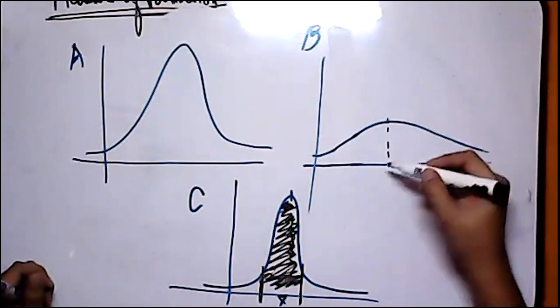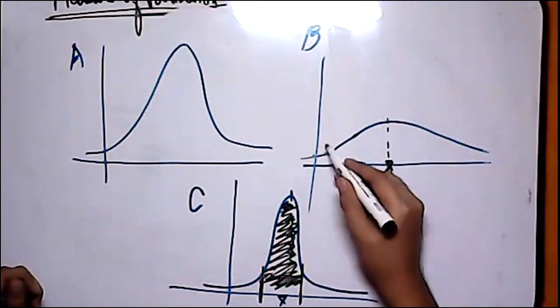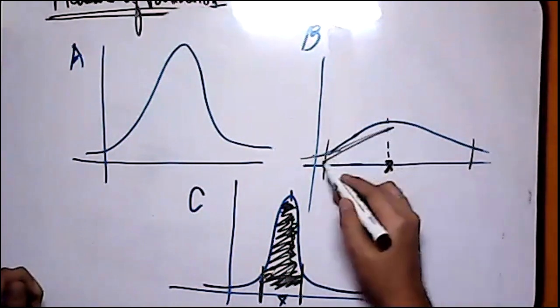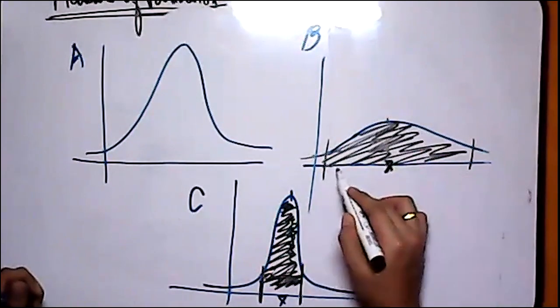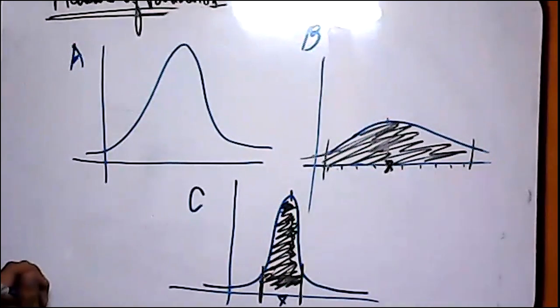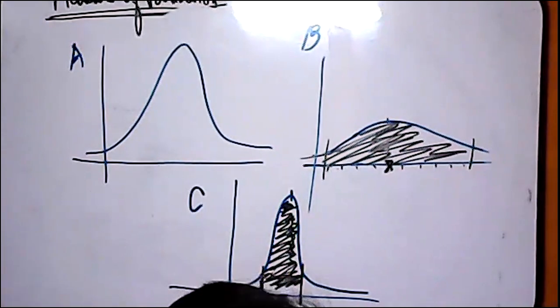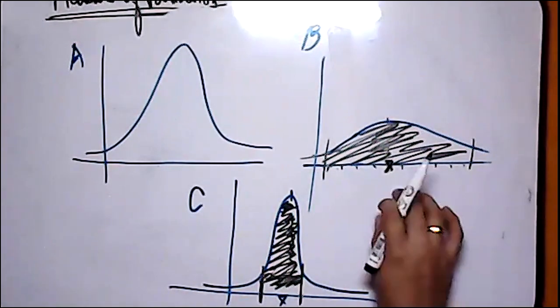This is our mean. Where are the values that concentrate the curve? In this part, right? Are these values close to the mean? So Dieter, can you answer my question again? Which of these graphs tell us that the values are moving away from the mean? Letter B, sir.